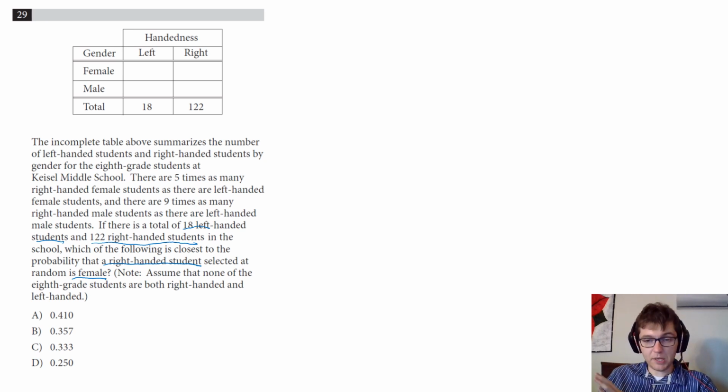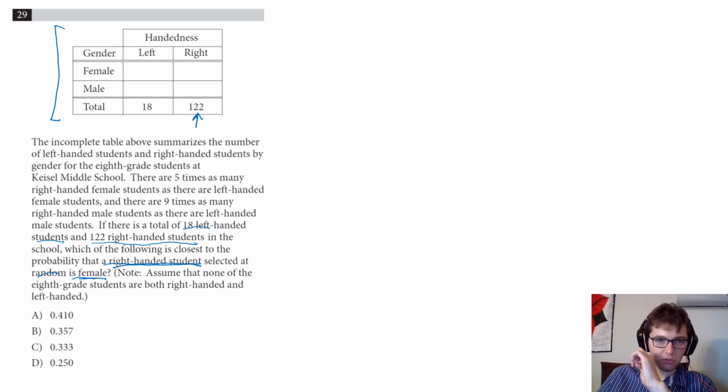That is a ton of information, and I think that's why they give you an assist here by making this chart that you can use to fill things in. So let's take it step by step. First, understand what they're asking for. I always say, what's right before the question mark? They're saying, what is the probability that a right-handed student selected at random is female? So right-handed student selected at random means only from this 122.